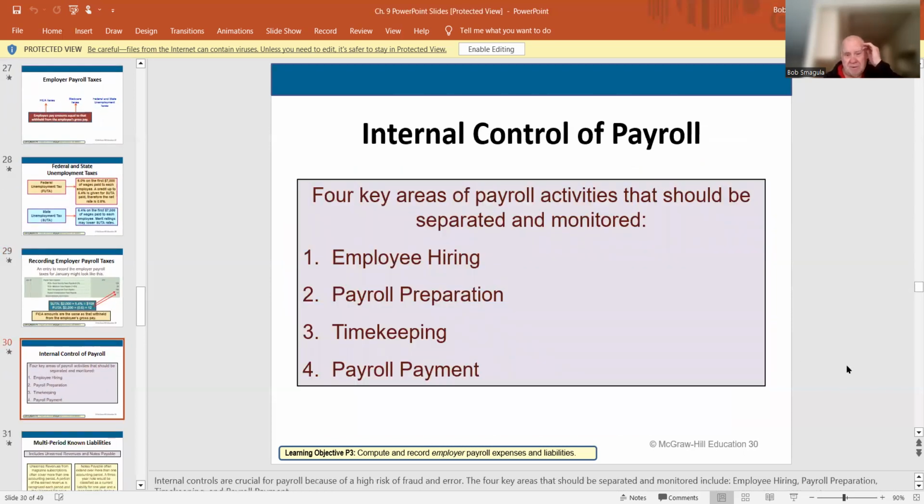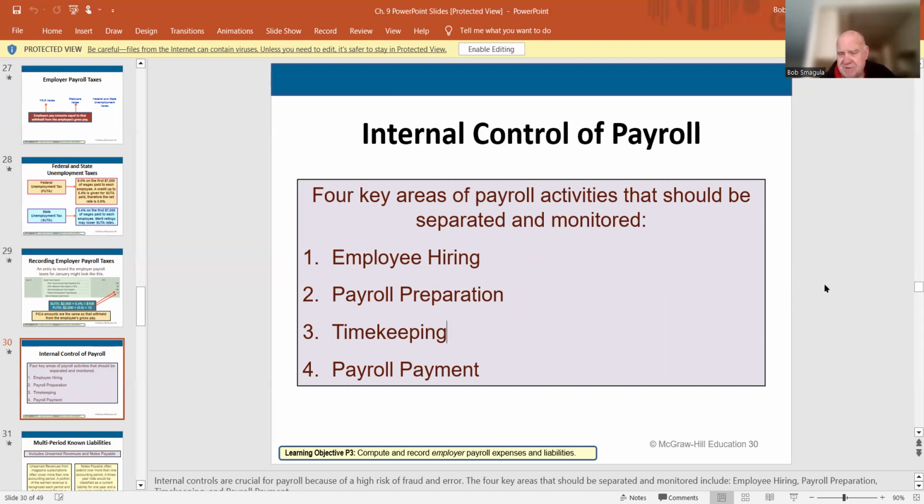Well, we can talk a little bit about internal control of payroll. Four key areas should be separated and monitored. Employee hiring should be different from the person who prepares the payroll. And those two should be different from the people who record the time the employee worked, and they should be different from the person who's going to maybe hand out the paychecks.